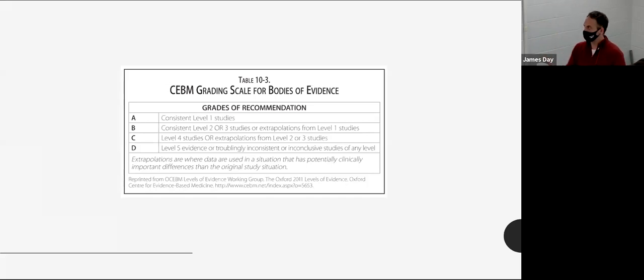However, we're rarely going to be making decisions based off of a single piece of research. We're going to be combining them. And that will be not this week's assignment, but next week's assignment, synthesizing research. When we start synthesizing research and combining more than one article, we then have what we call grades of recommendation. And to not confuse us, these are A, B, C, and D.